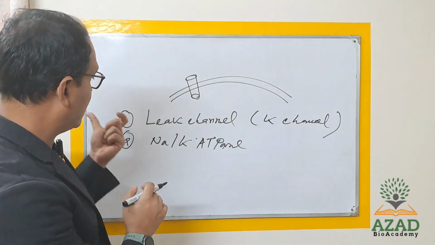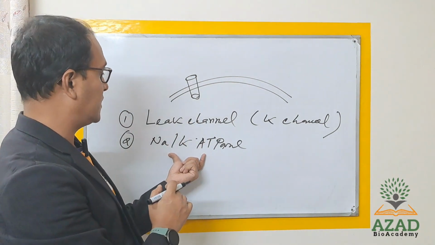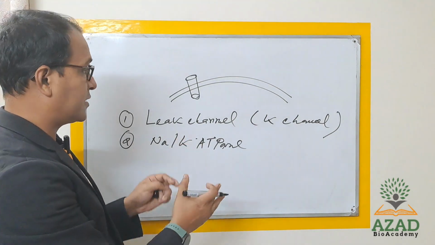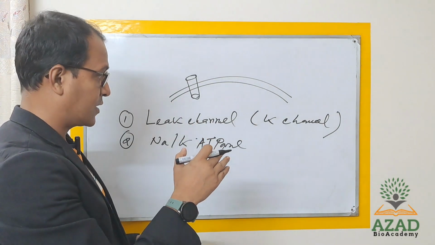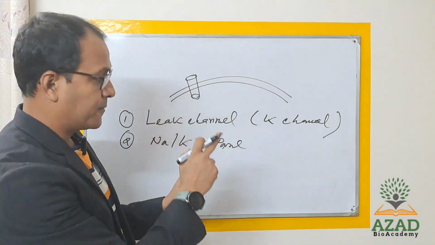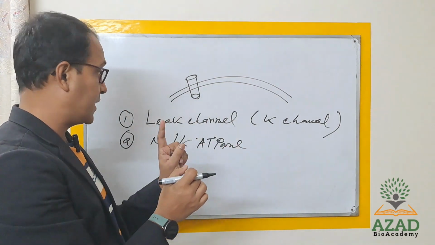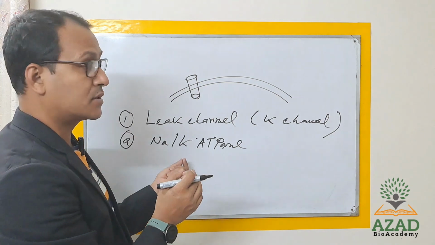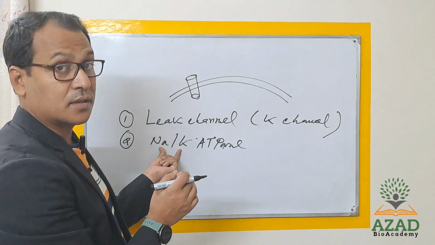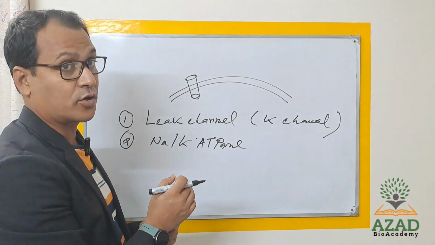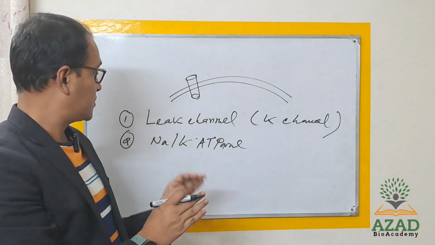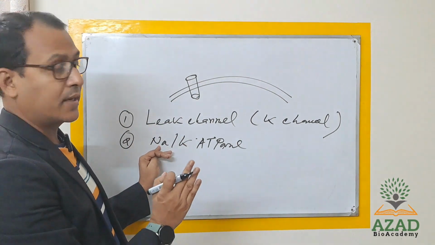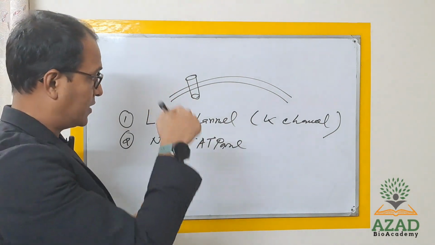This channel is activated by energy, that is ATP. It will use the ATP for energy, and that will drive the conduction of sodium and potassium through the channel. That means through this channel, 3 sodium will exit and 2 potassium will enter.